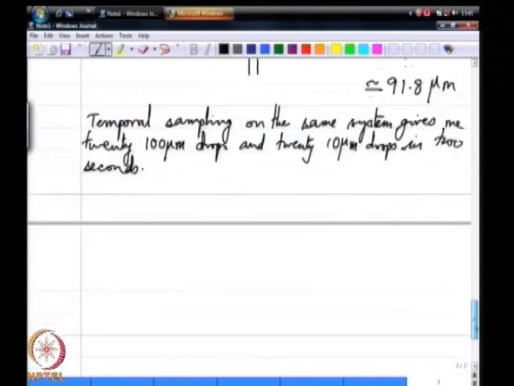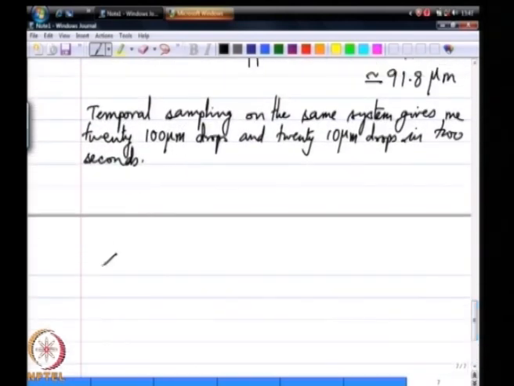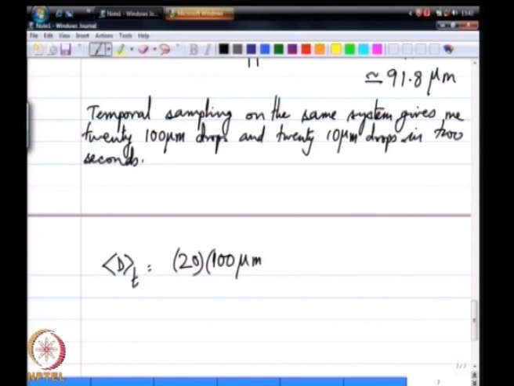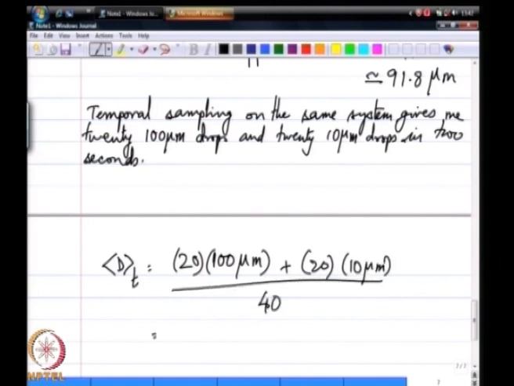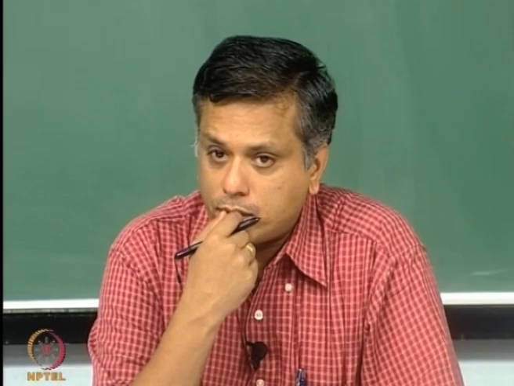Which means, again, if I look at what happens, what is it that I am measuring when I do spatial sampling, what is it that I am measuring when I do time sampling.